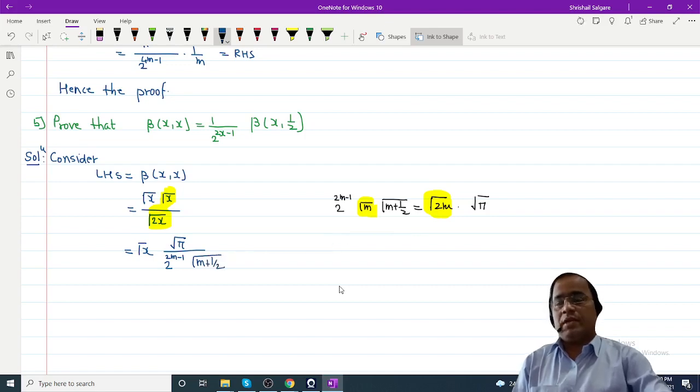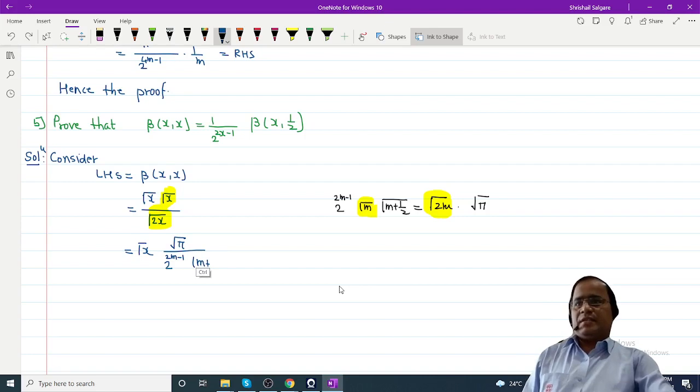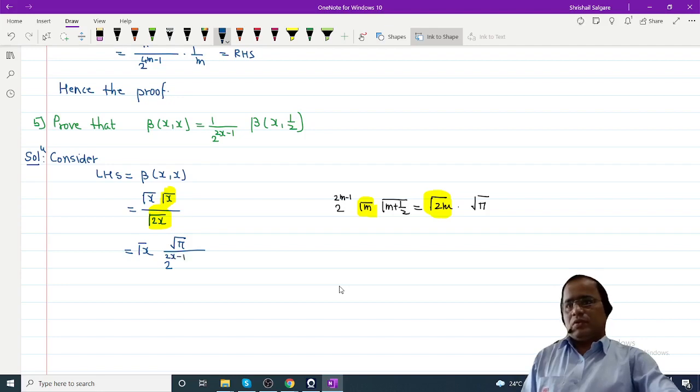No, not m. Sorry, I have to replace that parameter. Instead of m, I have to write x. I will correct it: 2 raised to 2x minus 1 into gamma of x plus 1/2.